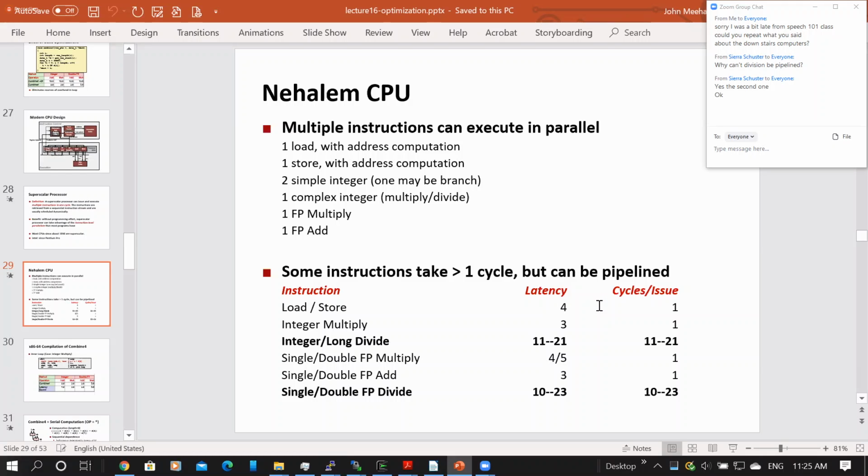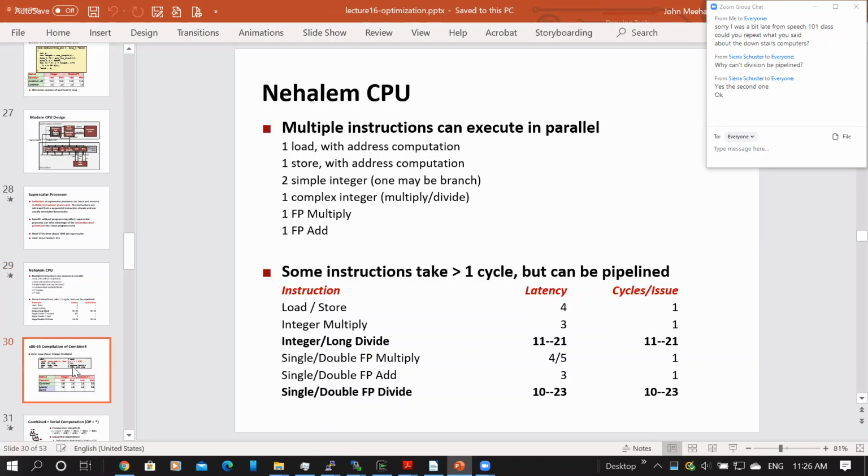But it only has one load and one store data path to the cache, whereas the Haswell has 2 independent paths for each of those. So we're getting down to a little more detail of how the computer actually works now, right?